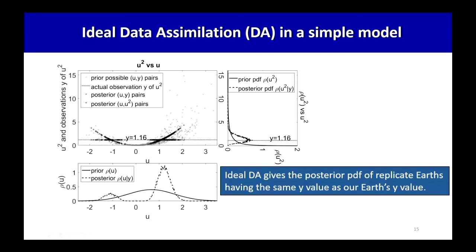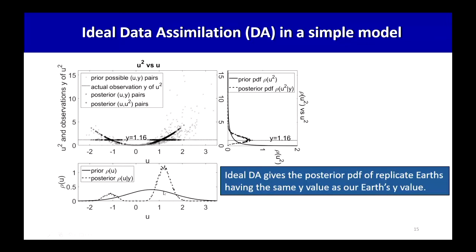But that can actually have an observation that's equal to 1.16. And there's values over here where the true value can be here, so the true u squared value is up there, but you can have an observation error so that the value actually observed is 1.16. And of course, this can happen for negative values of u as well, because the square of a negative number is a positive number.